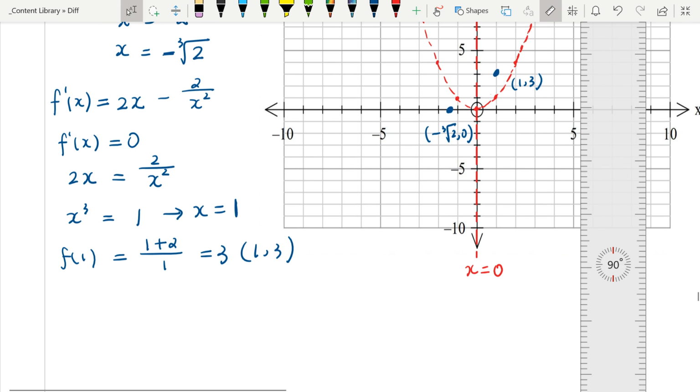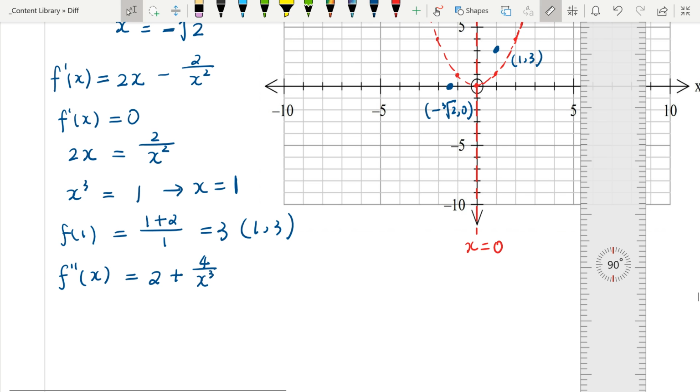But what I can do is find f double dash x. Well, you don't need to do that if you can see that it's a minimum turning point. It's reasonable that the graph should have a minimum turning point here.